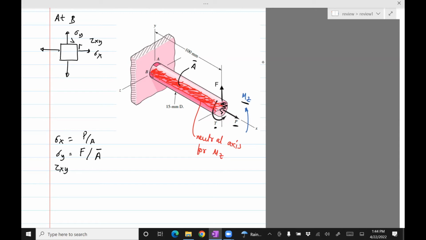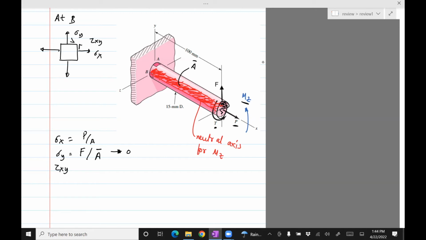Because it is basically a kind of an axial stress for B. However, since that cross-section area is pretty large, compare this area with the area in red, this tends to 0. So you don't have to calculate, you can just assume it to be 0. It's going to contribute almost nothing to the stress because of the large cross-section area.